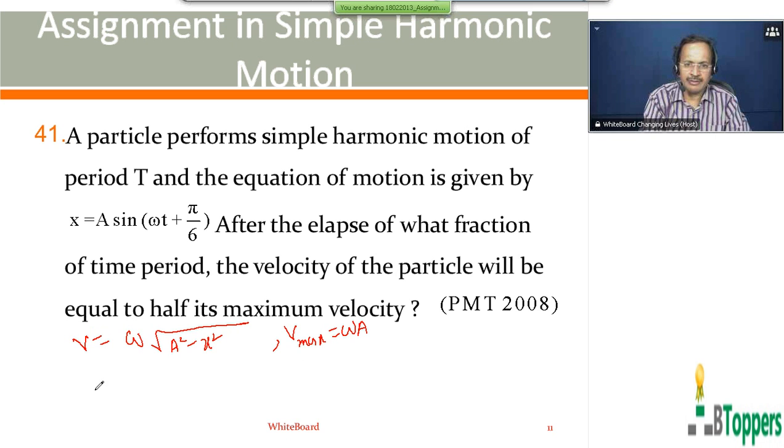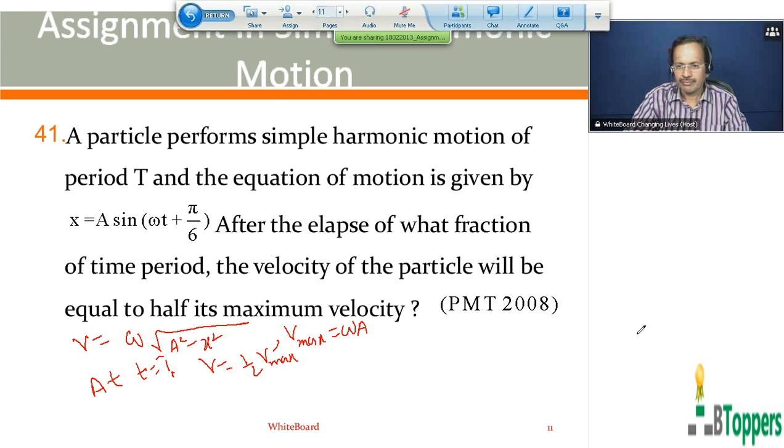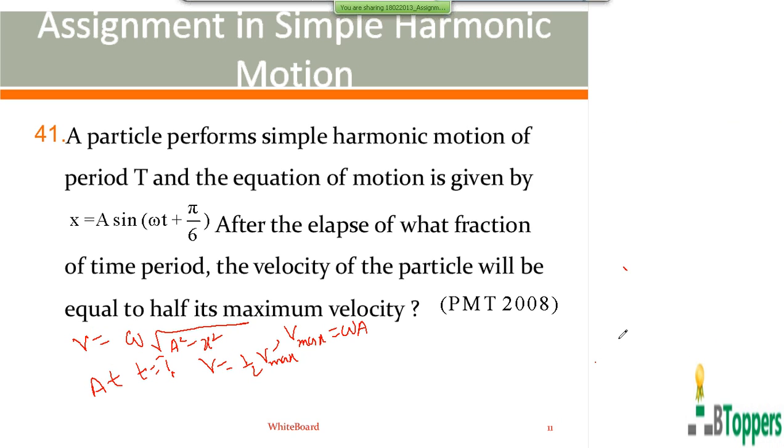So you have to find the time after which the velocity becomes equal to half of the maximum velocity. Velocity becomes half of the maximum velocity when omega into root of a square minus x square is equal to half of omega into a.